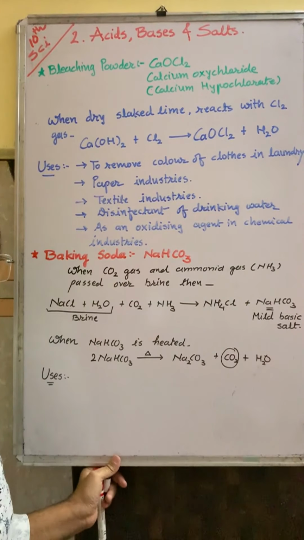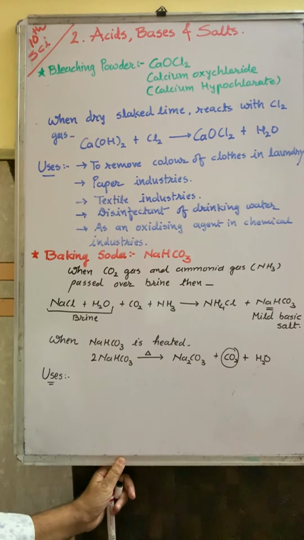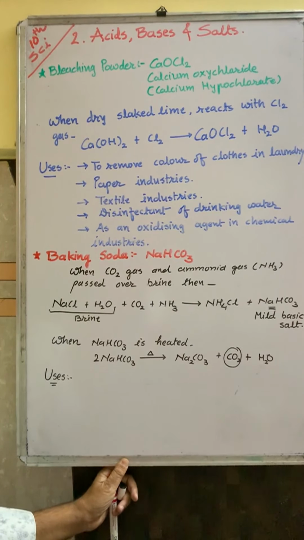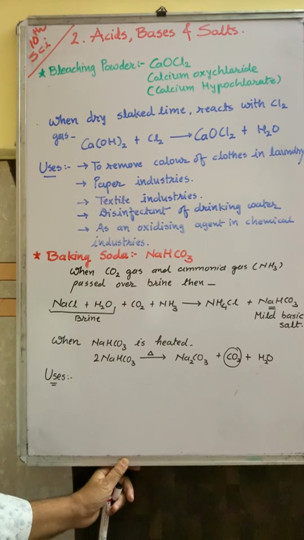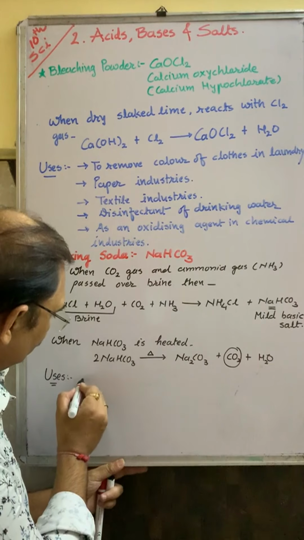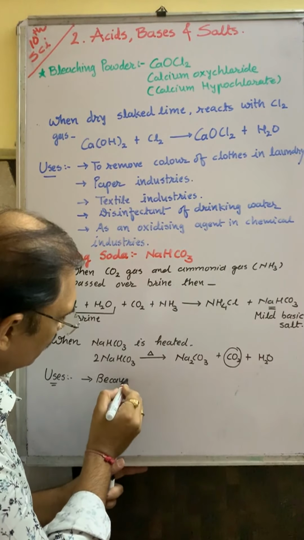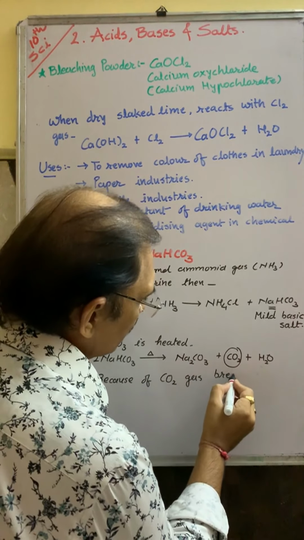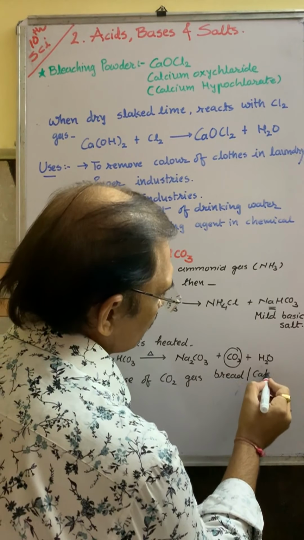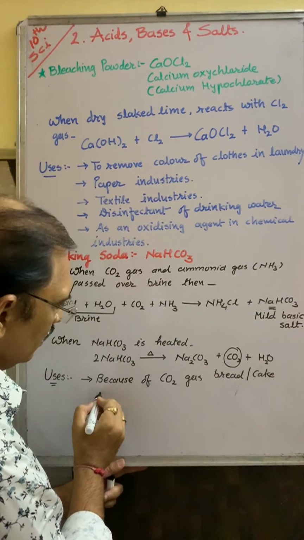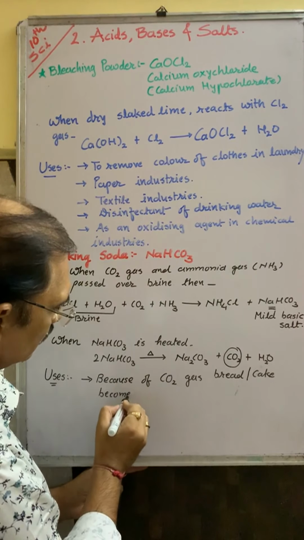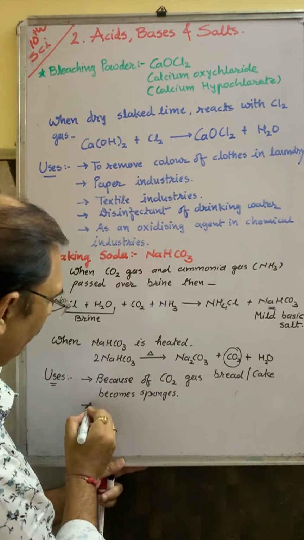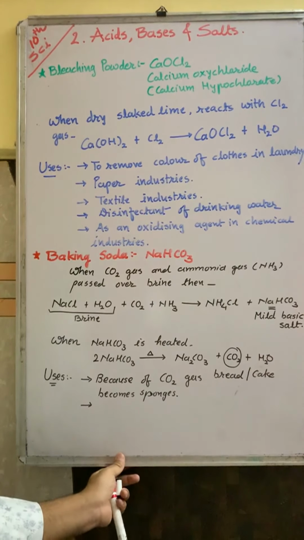Because of this carbon dioxide gas, bread or cake, you can write khaman, dhokla, etc., becomes spongy. Okay, so this reaction is used.